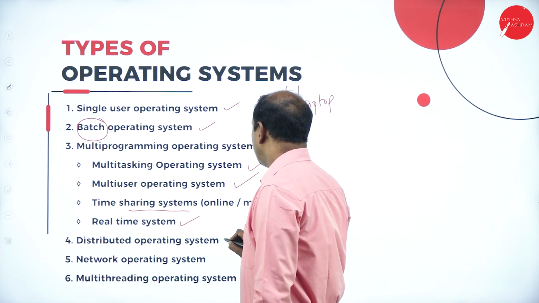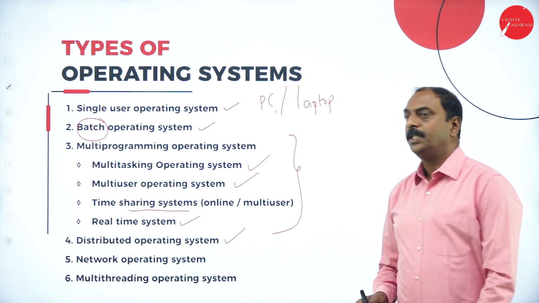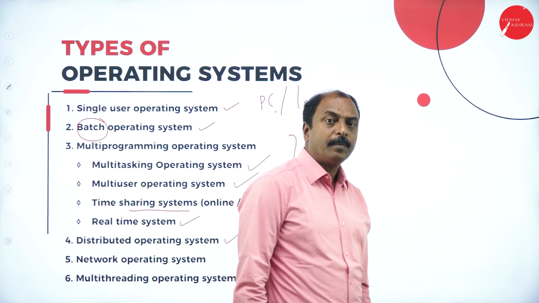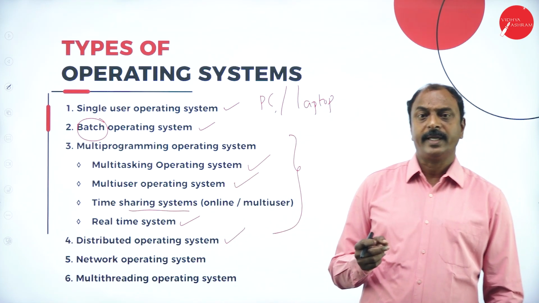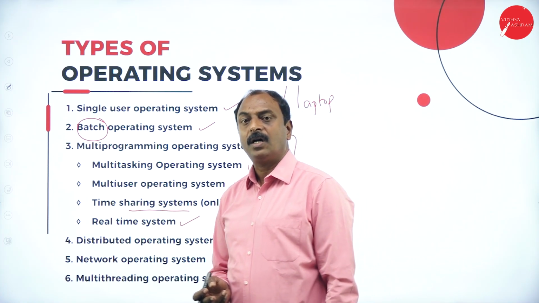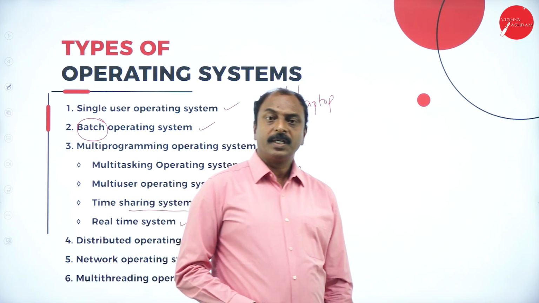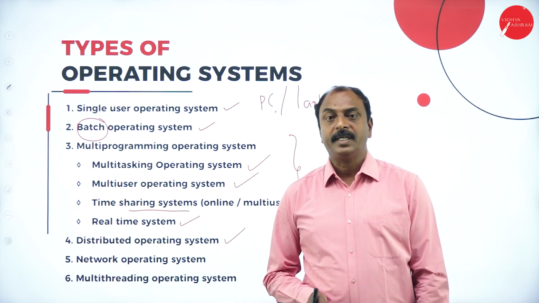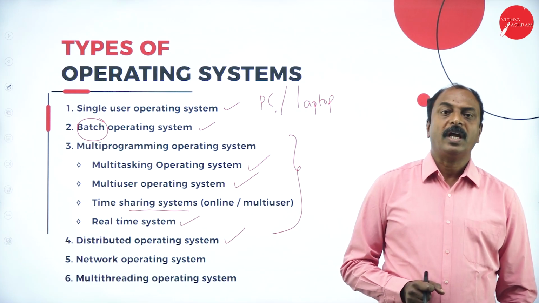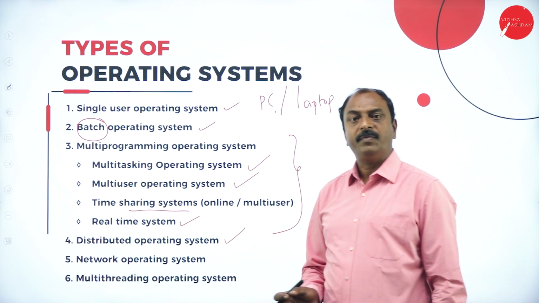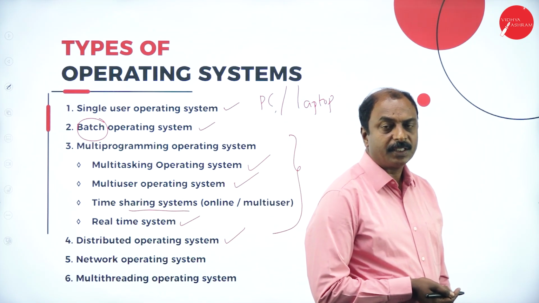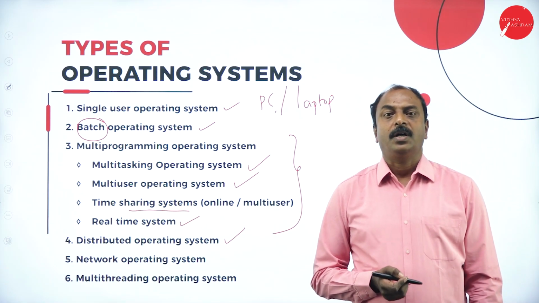Next one is the distributed operating system. What is a distributed operating system? Here the computer applications or resources are distributed across more than one CPU or more than one computer. For example, if there are 10 applications to be loaded in a computer, loading all 10 on one computer makes the performance of the system come down, or it may not be efficient. To avoid that, we load them on different computers.